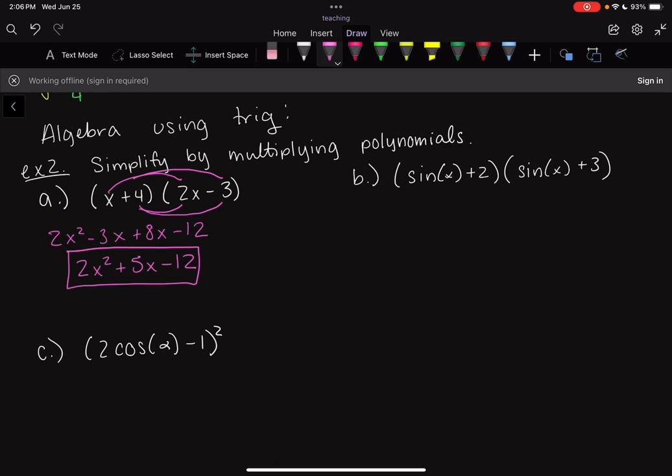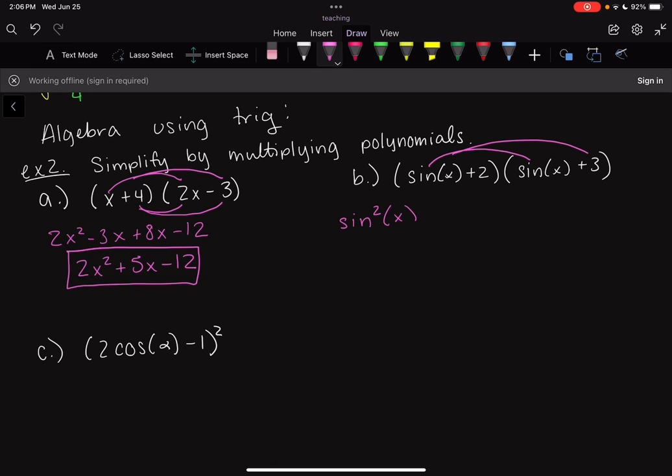When we add in a trig function, it's really not much different. So I'm going to do sine times everything in the second polynomial. So that'll give me sine times sine, which is just like saying x times x. So x times x is x squared, so sine times sine would be sine squared.